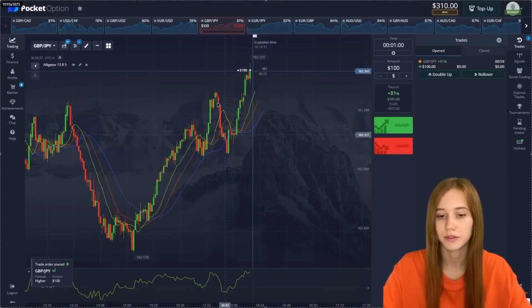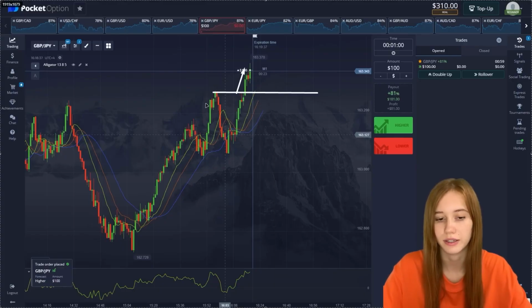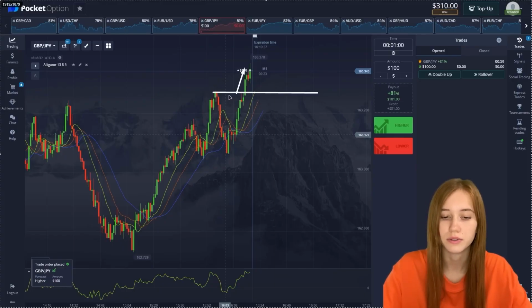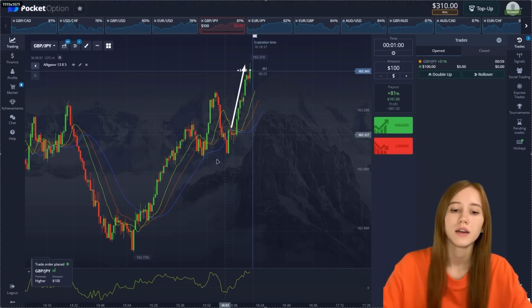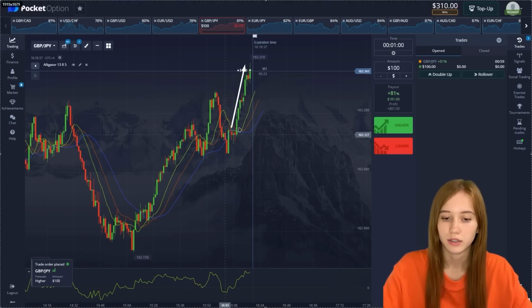If we highlight the resistance area, it was overcome confidently. This shows good growth. According to the general trend, there's an increase on the market. We see it. We trade with the trend, open up. We see a good upward trend in the indicator.